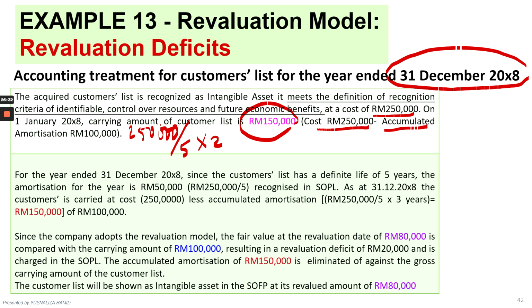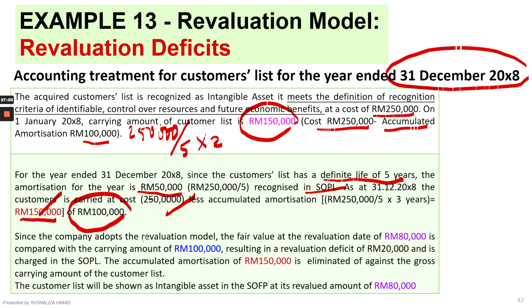For the year ended 31st of December, it has a definite life of 5 years. So for this year, another amortization will be provided, and it will be recognized in the SOFP. At the end of the year, the accumulated amortization was 150. Remember, earlier it was 100. Now it is 150, and the carrying amount is 100,000. Why 100,000? 250 minus 150.